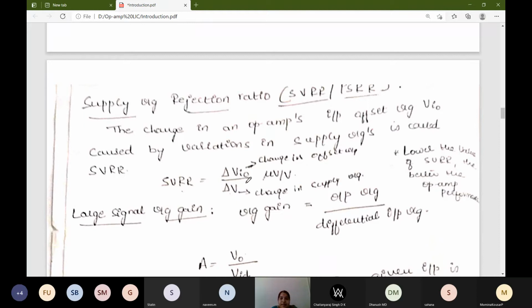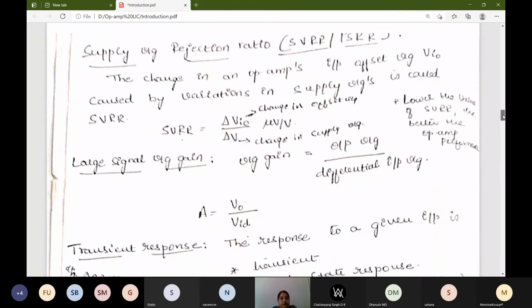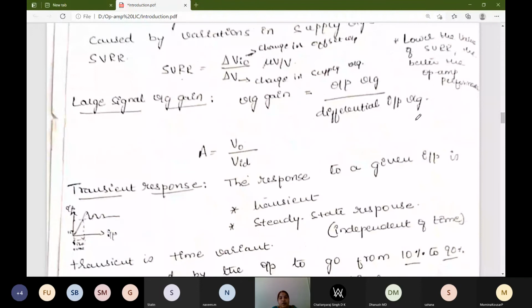It is a change in offset voltage divided by change in supply voltage, expressed in microvolts per volt. The lower the value of SVRR, the better the op-amp performance. It will have very good performance. And the gain, you know, depends upon the output voltage divided by the input voltage.